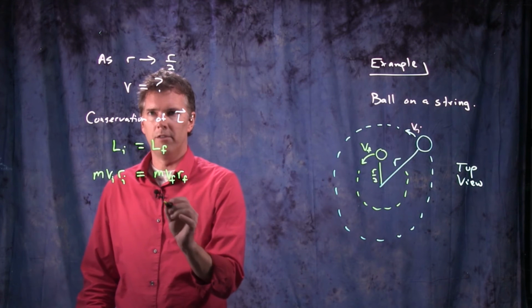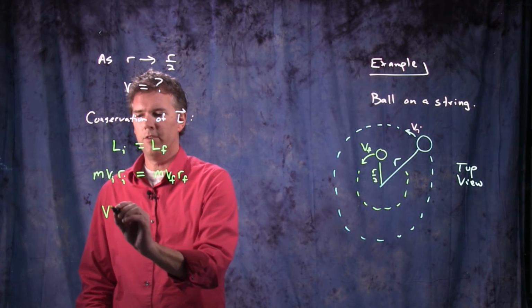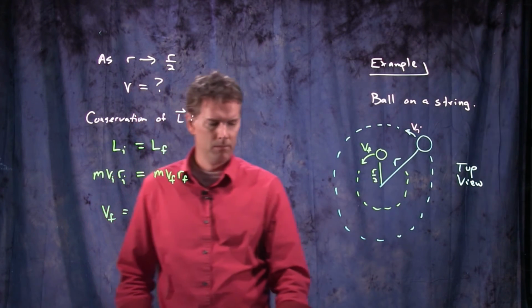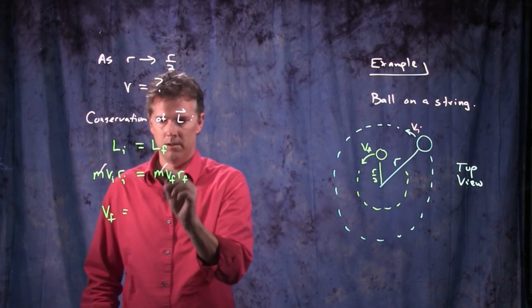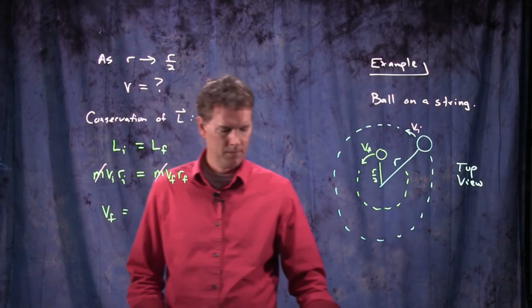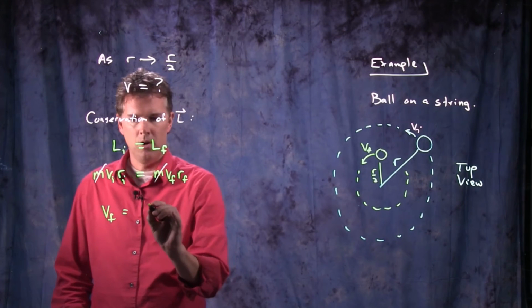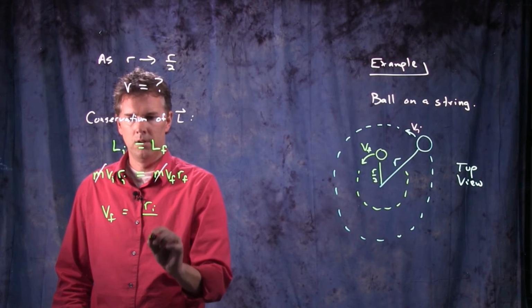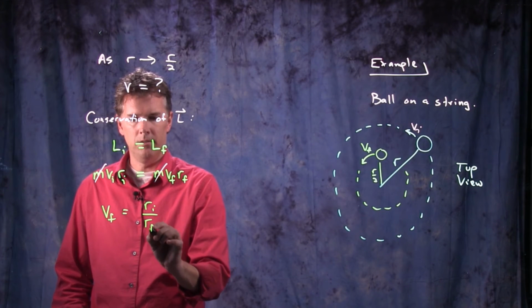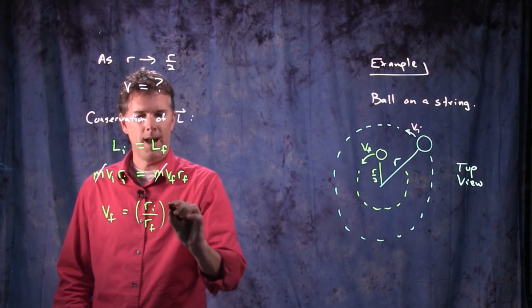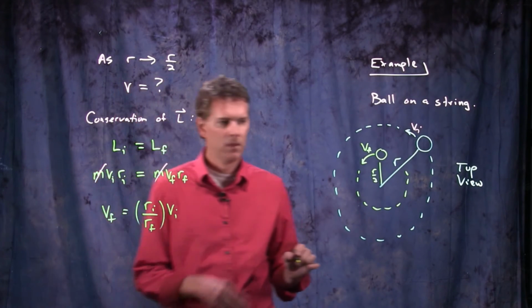All right, we want to solve this thing for V final. V final is equal to what? Well, the m's cancel out. That's really nice. And we're just left with R initial divided by R final, all of that times V initial.